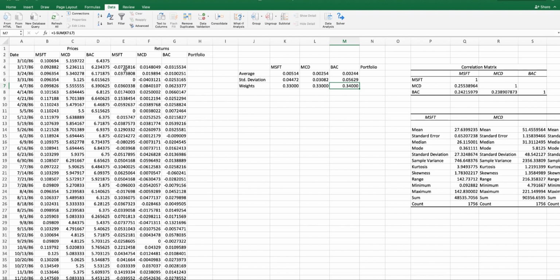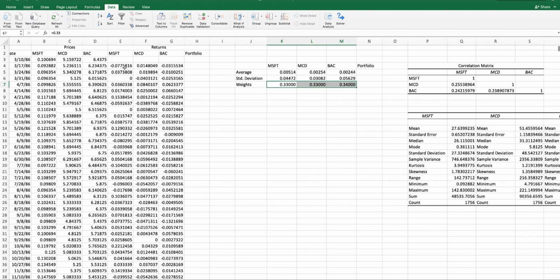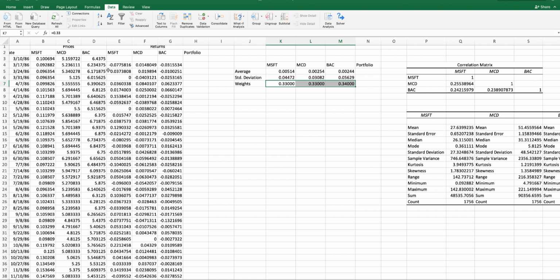Okay. So let's calculate the portfolio return. The portfolio return, again, is going to depend on the stock returns, and it's going to depend on how much money we're putting in each one of those stocks. If we put more money in Microsoft, then our portfolio will be more correlated with Microsoft, right? So if we put like 90% of our money in Microsoft and the remaining 10% in McDonald's and Bank of America, then our returns for the portfolio will follow closely with Microsoft because that's where the majority of our money is tied in.